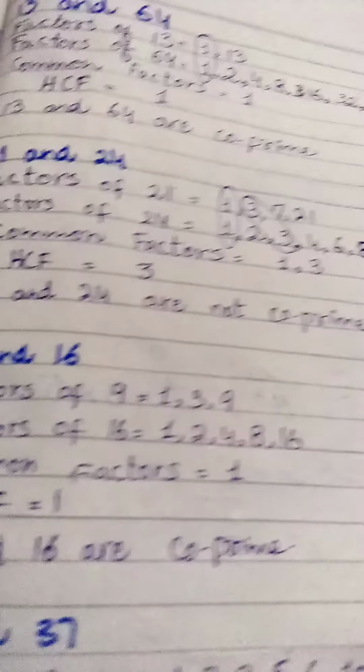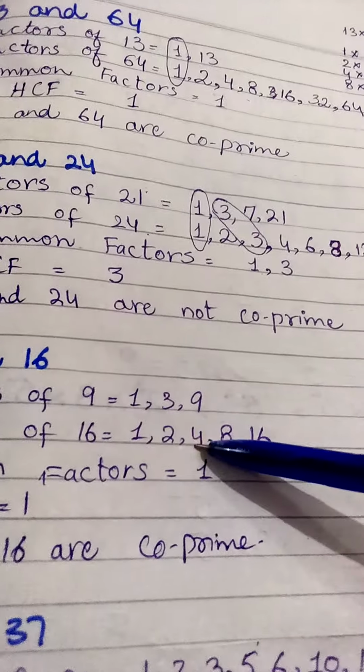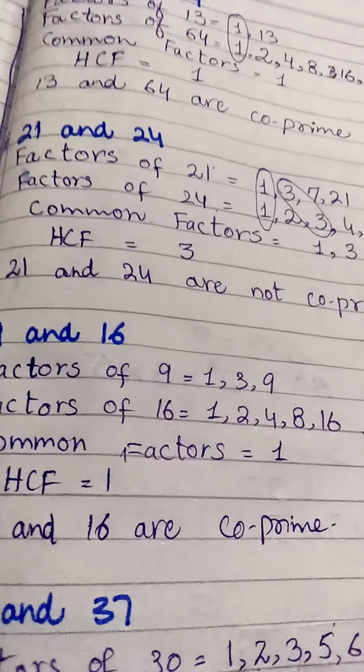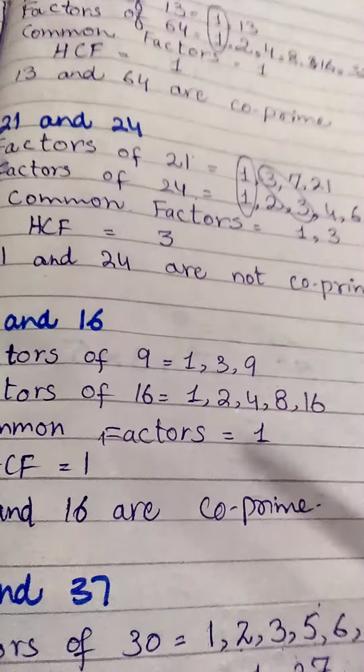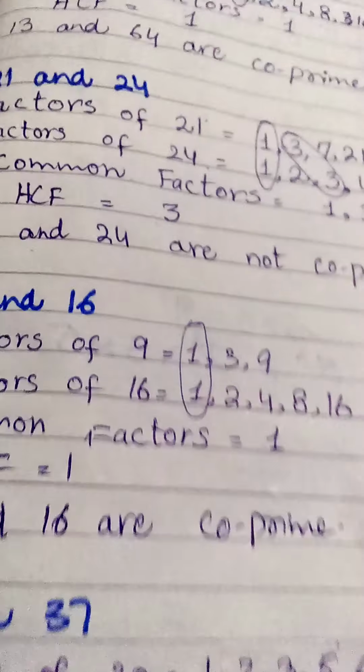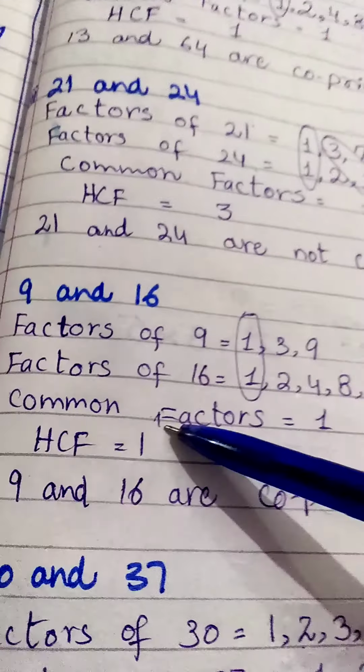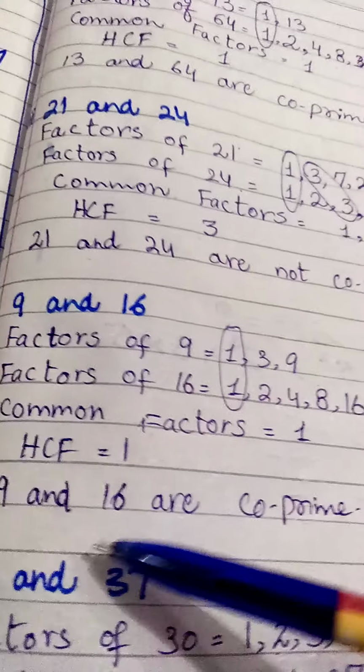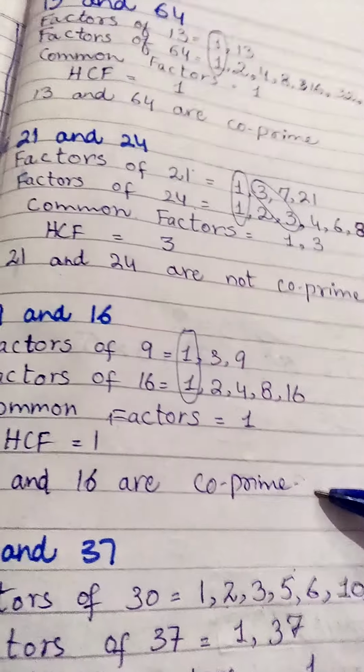Now the common factors, you can see that the common factor is 1. HCF is also 1. It means that 9 and 16 are co-prime because their HCF is 1.